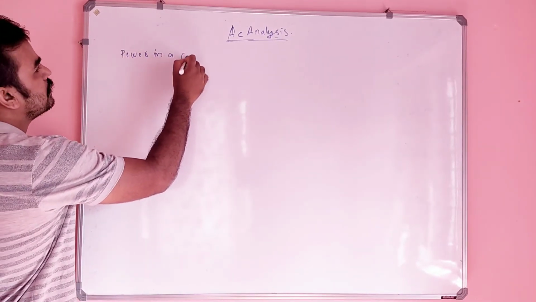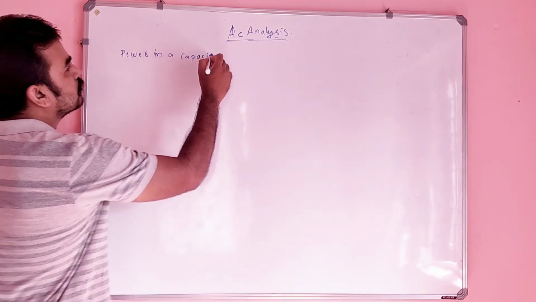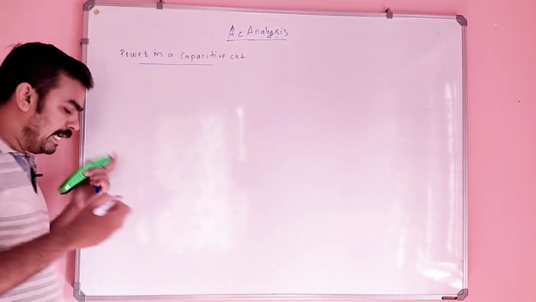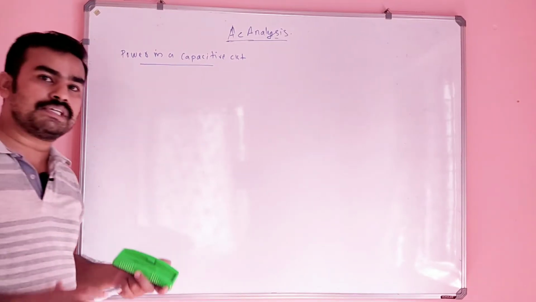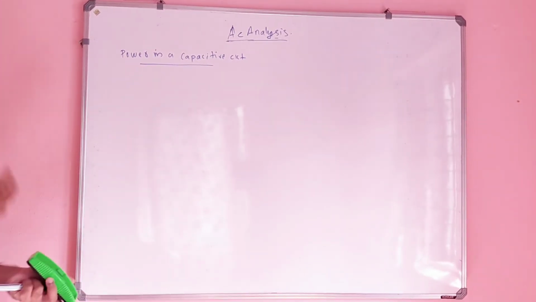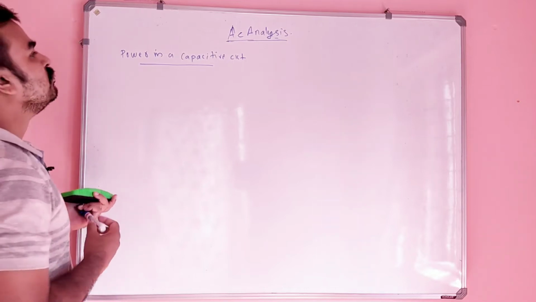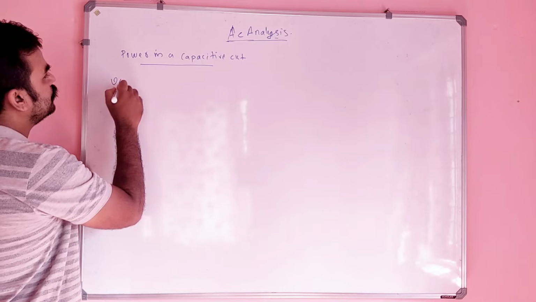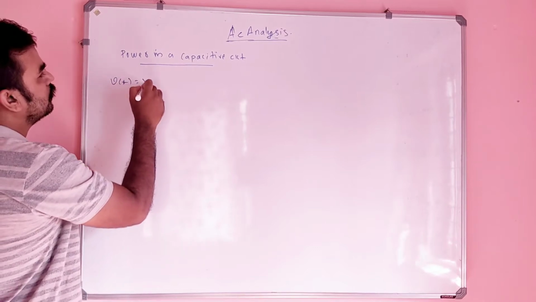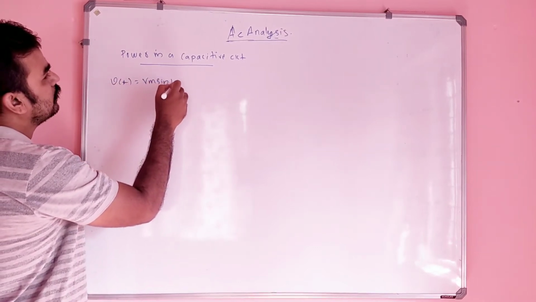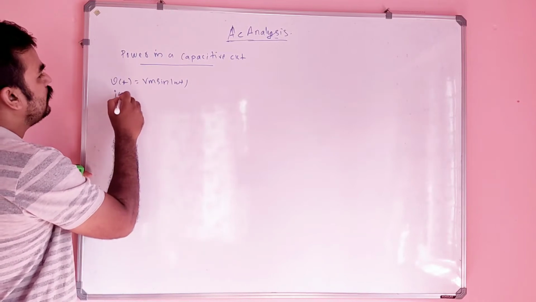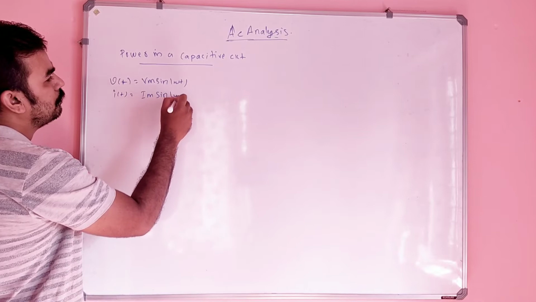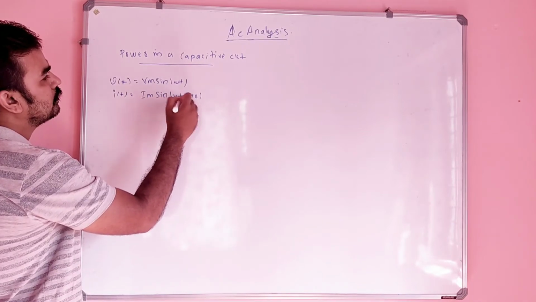Power in a capacitive circuit. So we already derived the equation for average power for an inductor as well as a resistor, right? So in a capacitor, we have the equations: V of t is equal to Vm sin omega t, and I of t is Im sin of omega t plus 90, right?